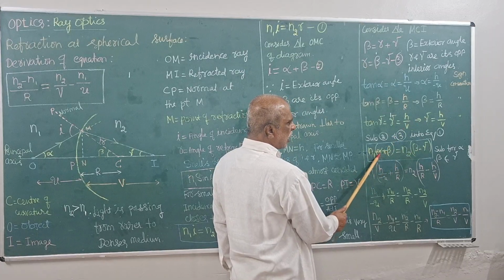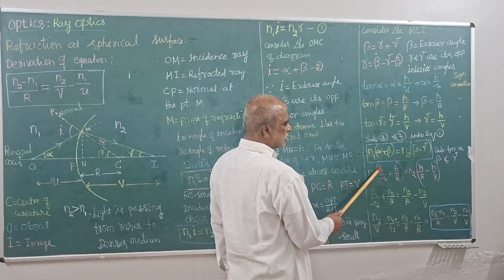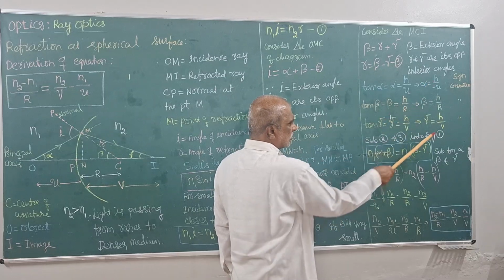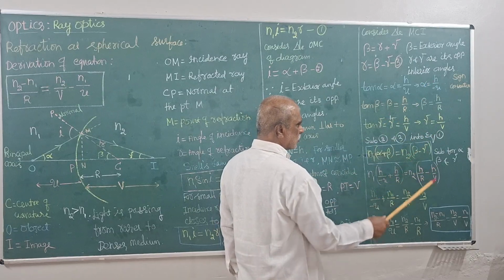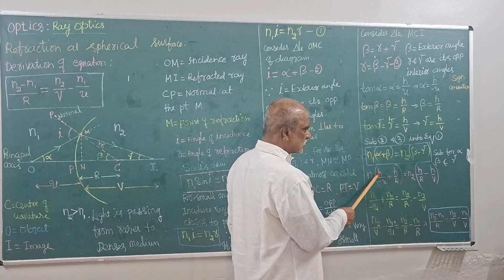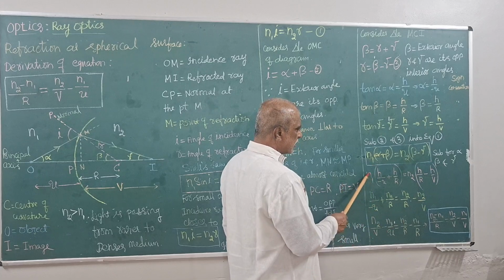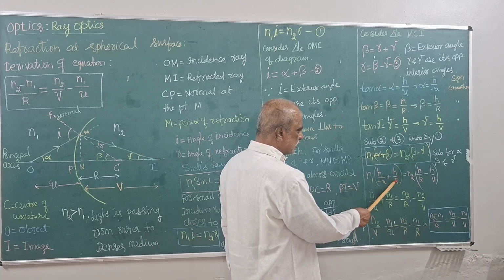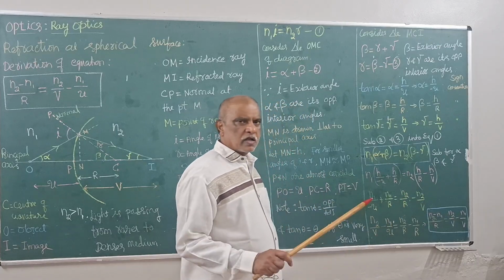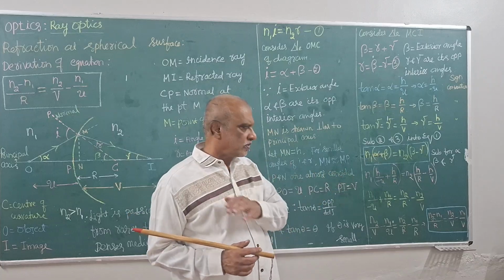Substitute for alpha, beta, gamma in terms of the sides. Simplify. H is a common factor on the left-hand side and right-hand side, so it gets cancelled. What remains is this by this equals this by this. Then rearrange, taking terms from left to right and right to left.